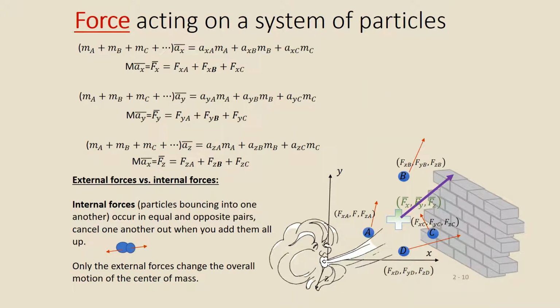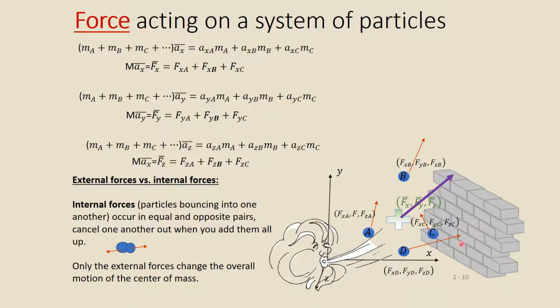Okay, so it's internal forces versus external forces. Internal forces are particle-to-particle collisions. Those occur in equal and opposite pairs, and when you add them all together, with that summation sign, you're not worried about internal forces anymore. So we're only worried about the wind blowing on everything, a big wall in front of everything, some kind of external force that wasn't a piece of your system boundary.